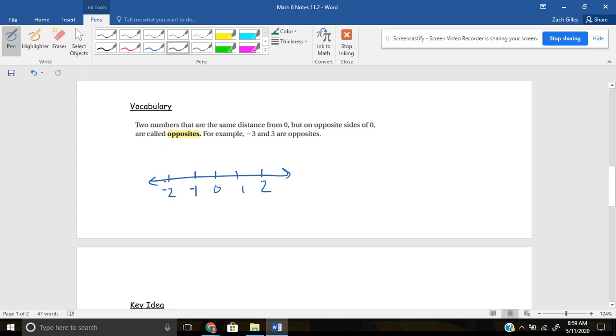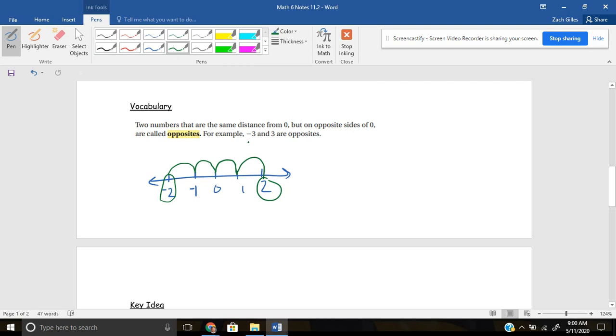If I were to pick negative 2 and ask you, how far from 0 is that? Well, it's 1, 2 away from 0. And if I pick 2, that is also 1, 2 away from 0. So that's why we say 2 and negative 2 are opposites, because they're both the same distance from 0.